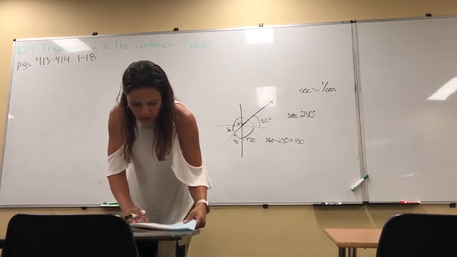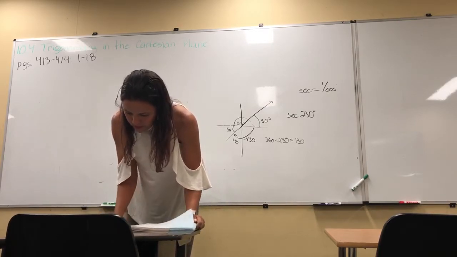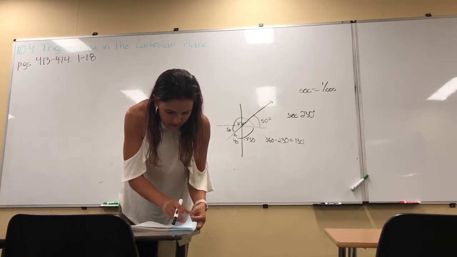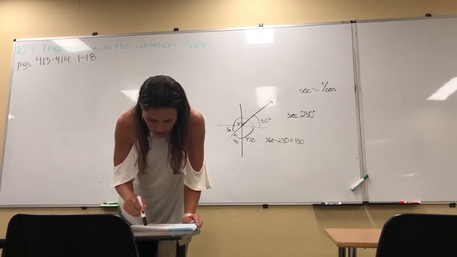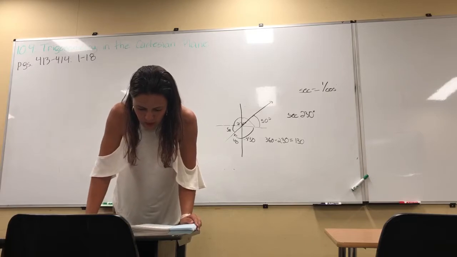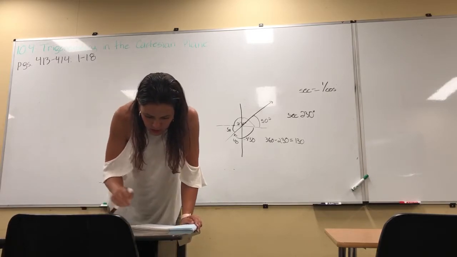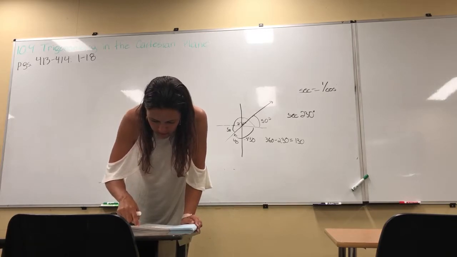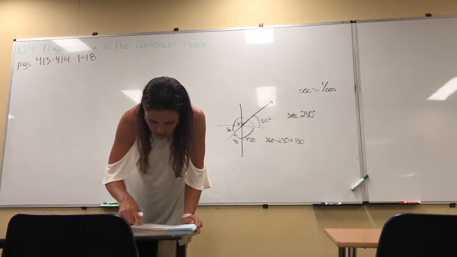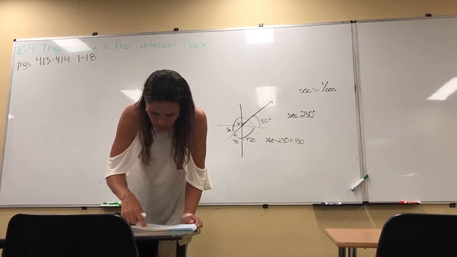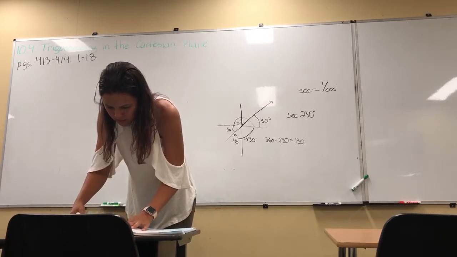Let's see. 50 is on page 616 on the right hand side, right about the middle, and I want the secant, and it says that the cosecant is 1.305, I believe.